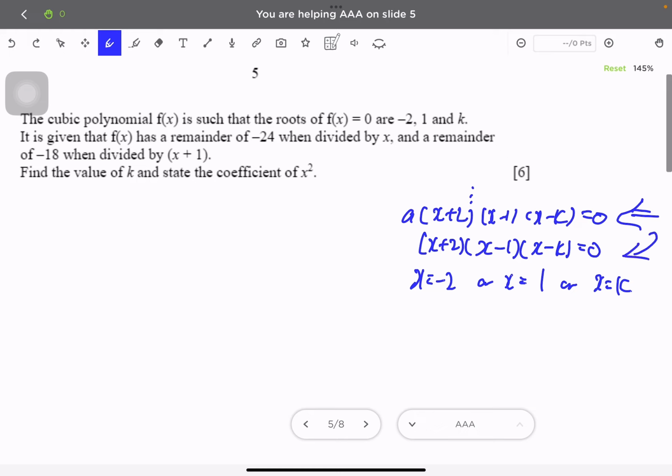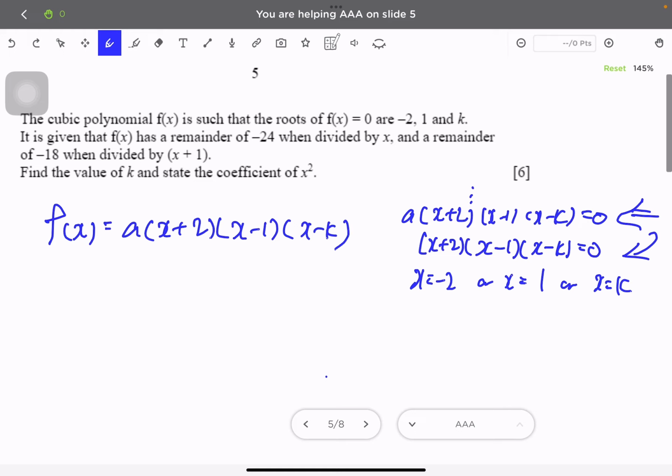So a itself is just the coefficient of the x cube. We do not know, the question did not tell us. Sometimes the question will tell us, but at this moment it did not, so we have to assume this. So in actual fact, the polynomial is a times (x plus 2)(x minus 1)(x minus k).